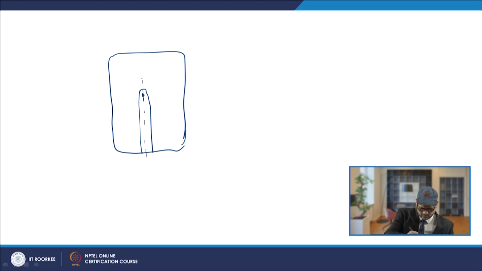Suppose this is x, and we are talking about different points. If you talk about this zone, that is your AA, it has just been melted and your torch is here.